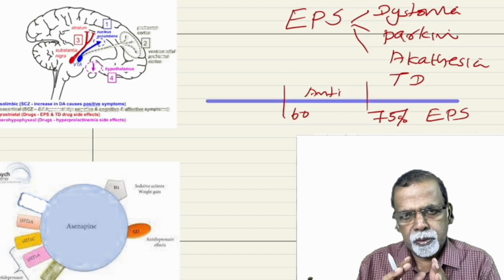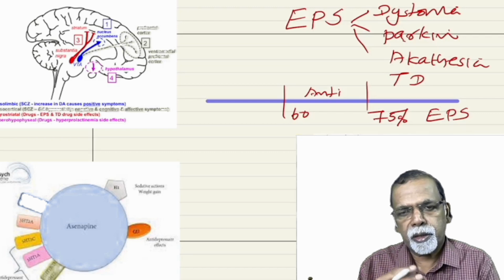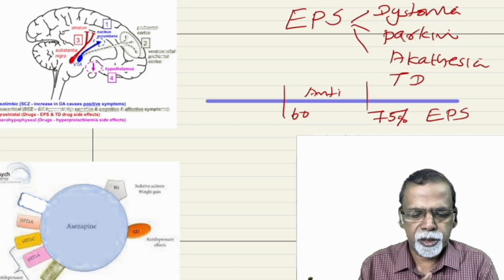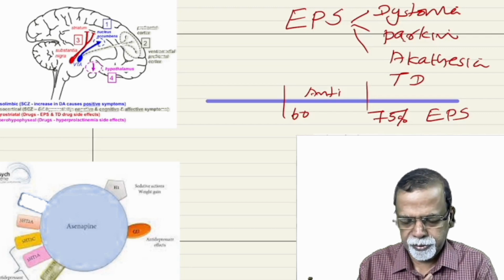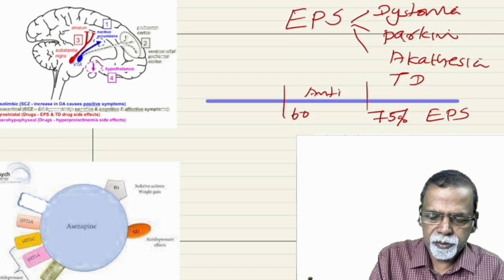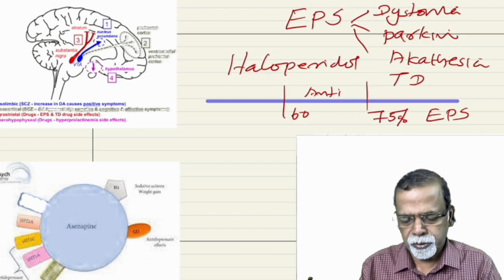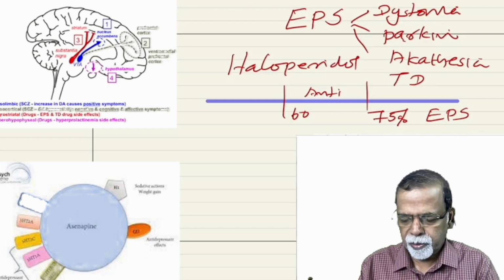A drug with anticholinergic action, or the addition of anticholinergic drugs, will decrease the incidence of extrapyramidal reactions. The first generation drug haloperidol is very prone to produce extrapyramidal reactions.